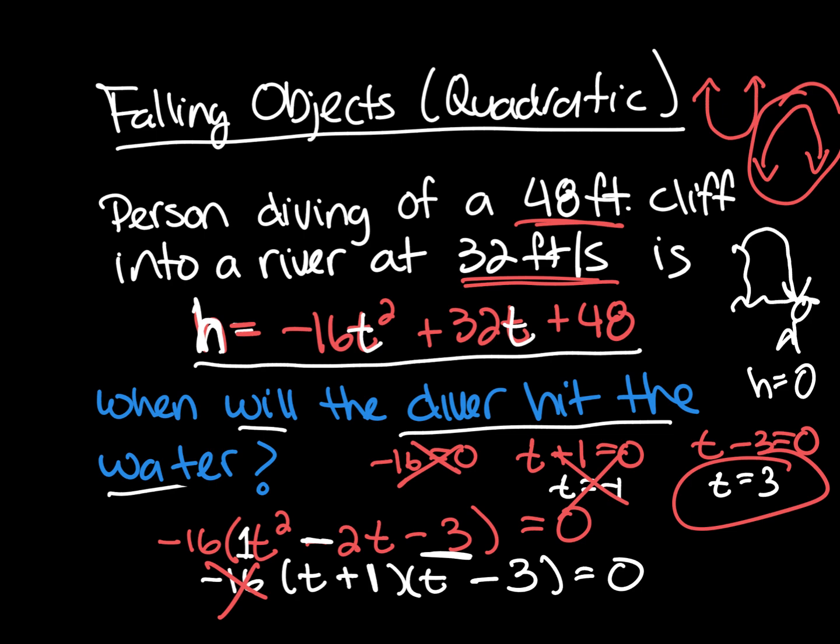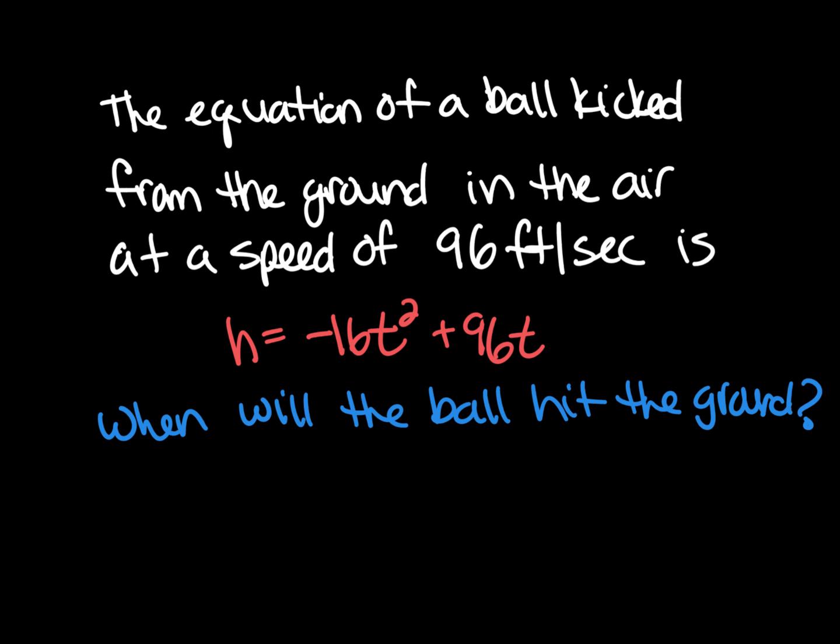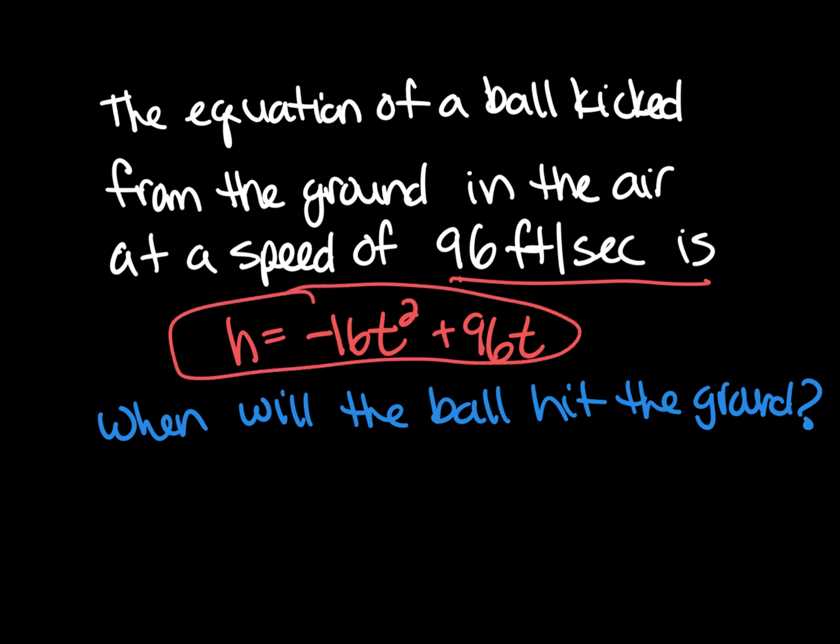I think we have one more example here. Yes, so this one is the equation of a ball kicked from the ground in the air at a speed of 96 feet per second. And again, they're giving us the function. So I want you to think, if I'm a person kicking the ball, it's going to go up and then the ball is going to come down.